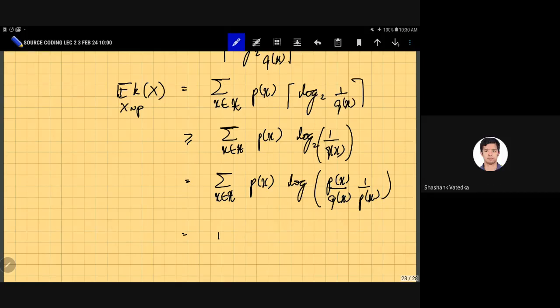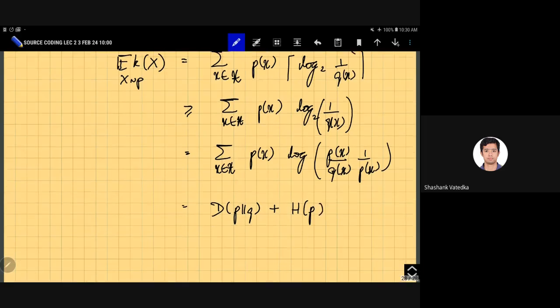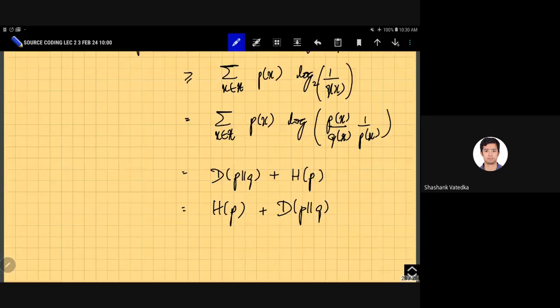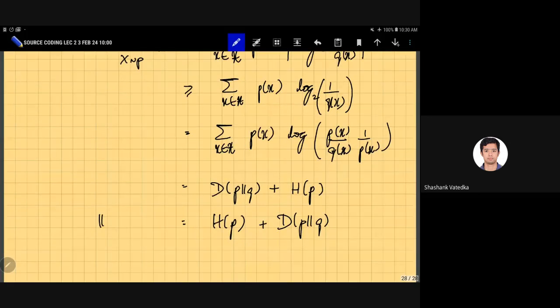So it is D(p||q) plus H(p). So it is equal to the true entropy of the source plus the KL divergence. So this is the expected length that you can achieve: expected length of k of x is greater than or equal to H of p plus D(p||q).